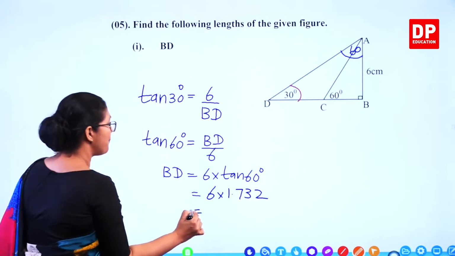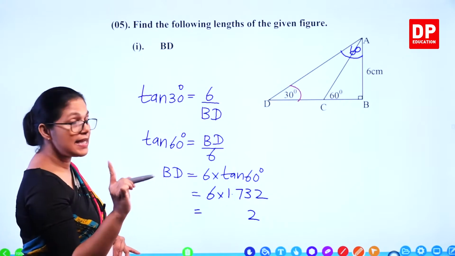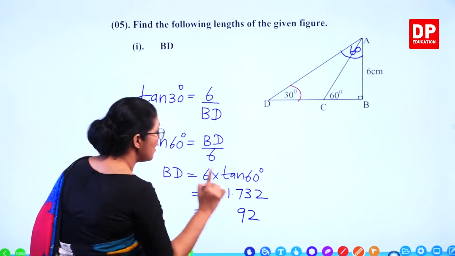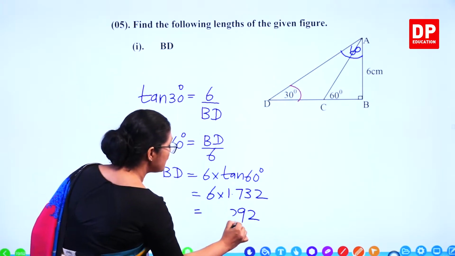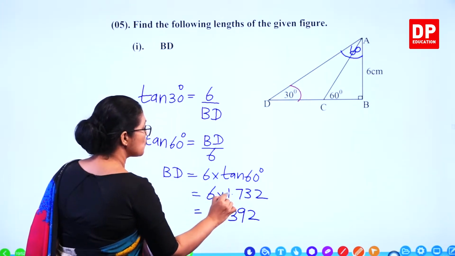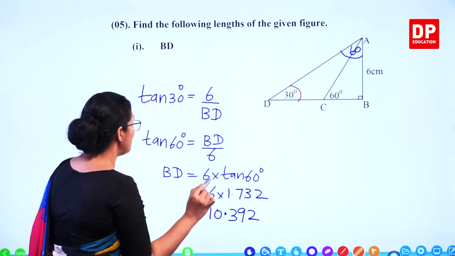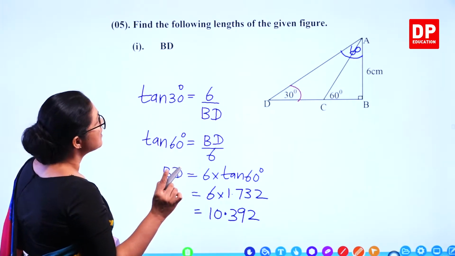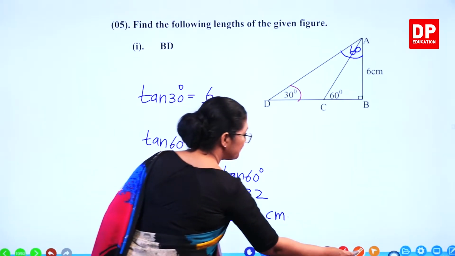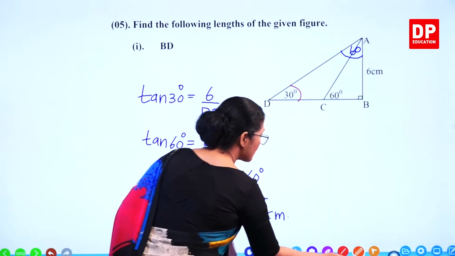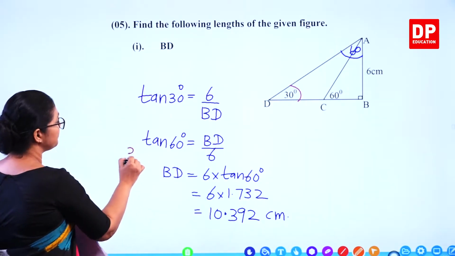Now multiply. 6 times 2, 12, 1 remaining. 6 times 3, 18 plus 1, 19, 1 remaining. 6 times 7, 42 plus 1, 43, 4 remaining. 6 times 1, 6 plus 4, 10. So 10.392 is the length, in centimeters. How many marks for that? You get 3 marks.